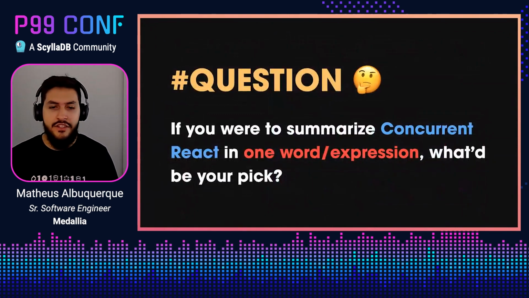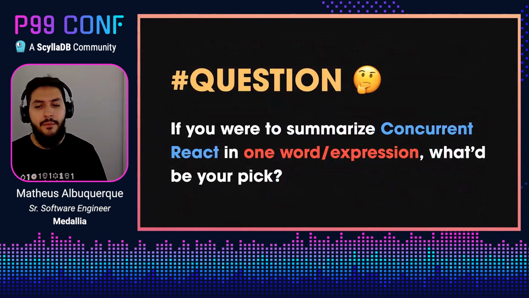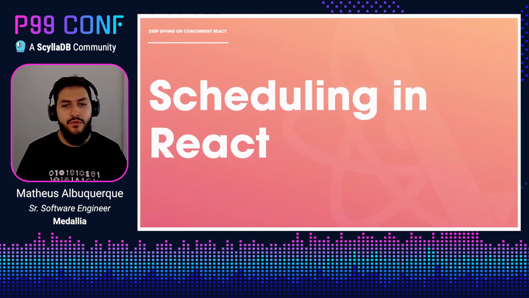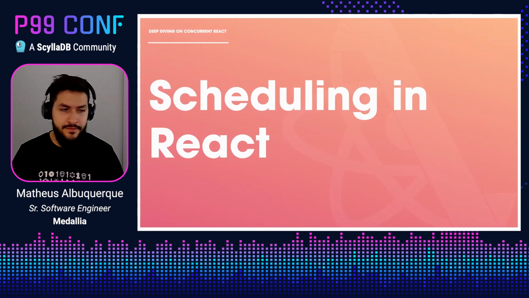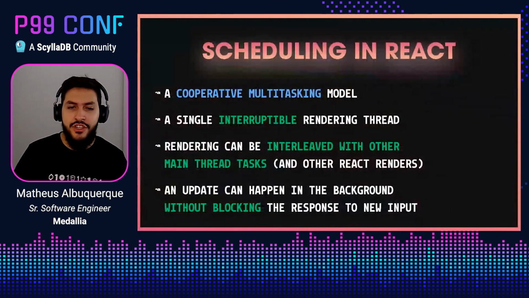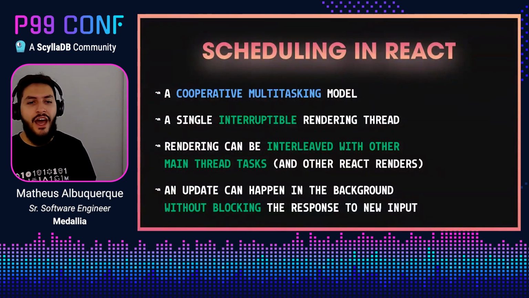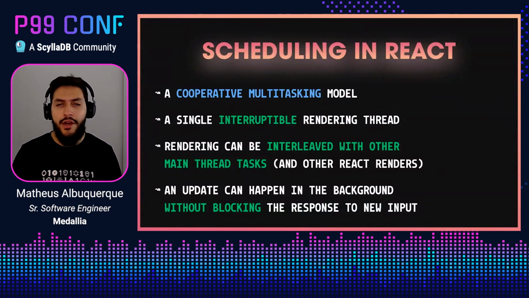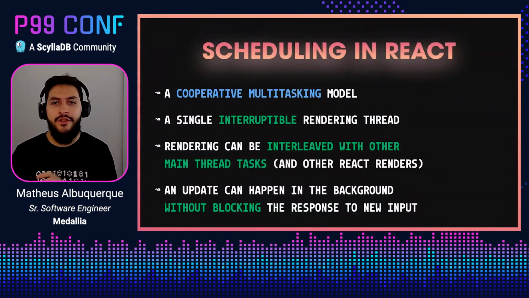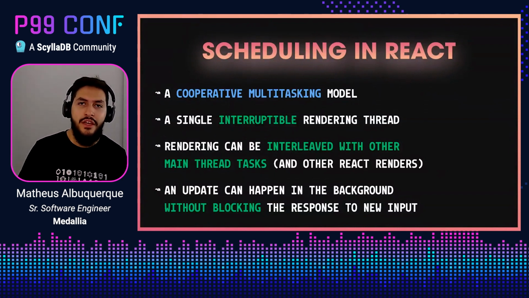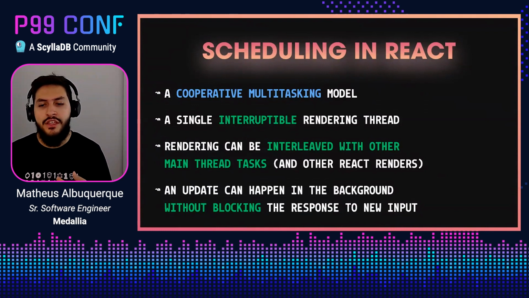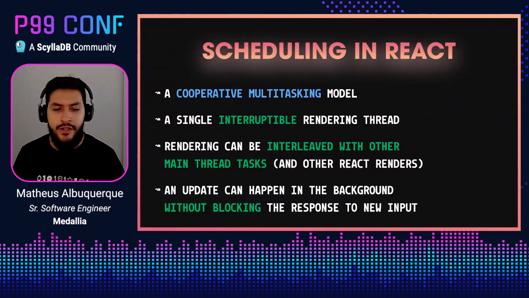And back to the question I asked a few minutes ago about summarizing. If I were to summarize concurrent React in one word, I would go with scheduling. So internally in React, we have this cooperative multitasking model where we have a single rendering thread that is interruptible. And because of that, the rendering process can be interleaved with other main thread tasks, including other React renders.